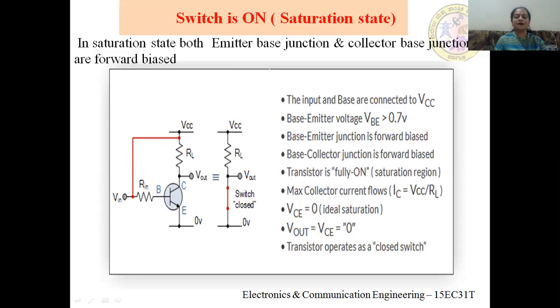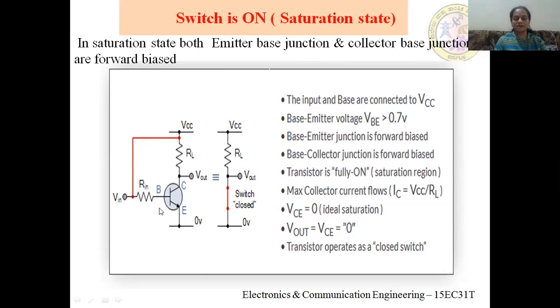Now let's see how the transistor can be used as a switch when the switch is on. When the switch is on, it will be in the saturation state. In saturation state, both the emitter base junction, called the input junction, and the collector junction are forward bias. This is the common emitter configuration, with the emitter made common. This is the input side and this is the output side.